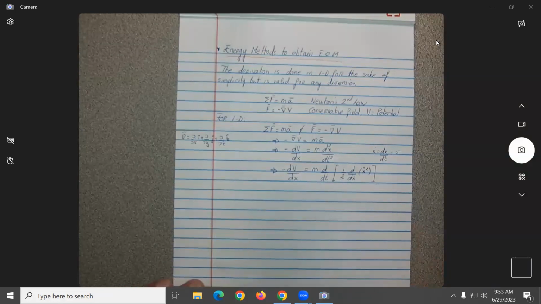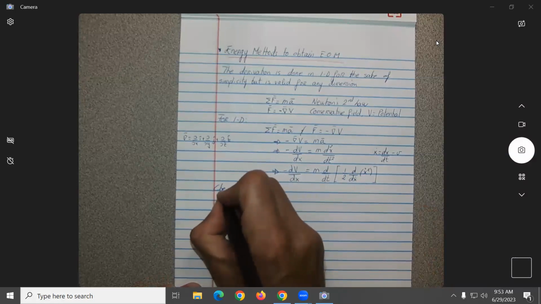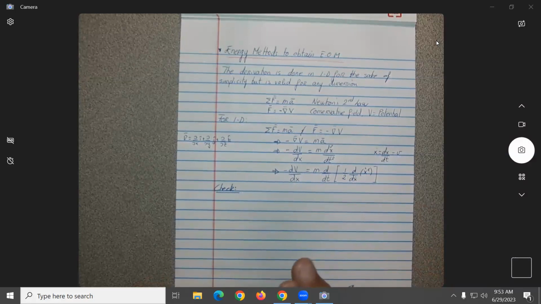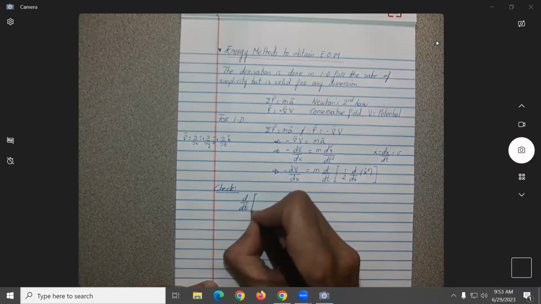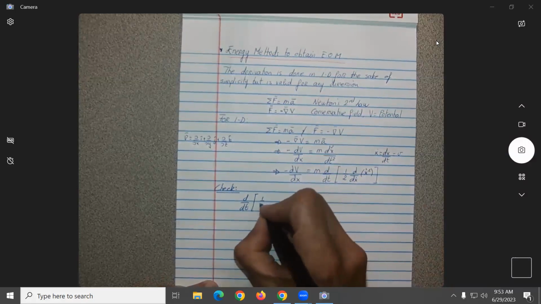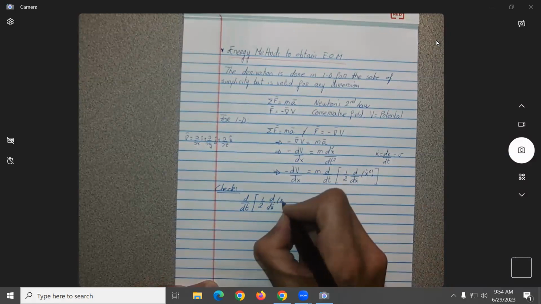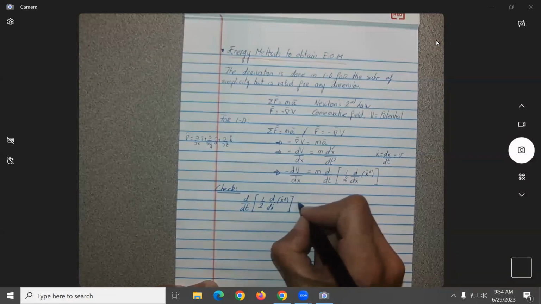Let's check this part here. Check d/dt of 1/2 d/dx dot of x dot squared.